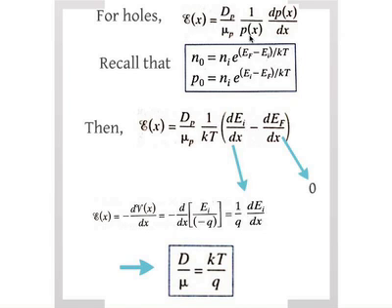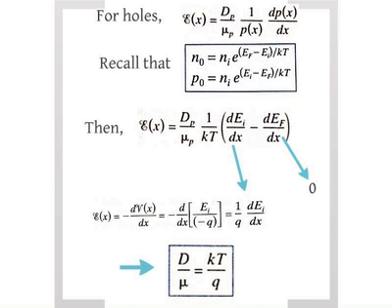And it's basically n i, which is the intrinsic concentration, times e raised to, in the case of holes, E i minus E F divided by kT. Yes, E i minus E F. E i is the intrinsic Fermi level. E F is the Fermi level of that particular material.